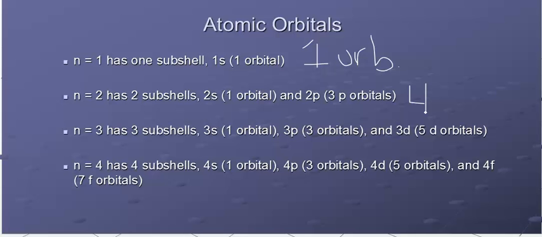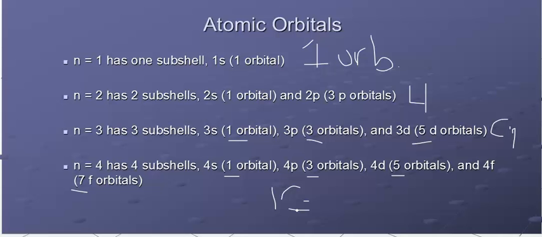N equals 3, I've got 1, 3, 5, you add those up, you get 9 orbitals. And then when you get to N equals 4, add these numbers up, and you get a total of 16 orbitals. So you should kind of see a pattern here.